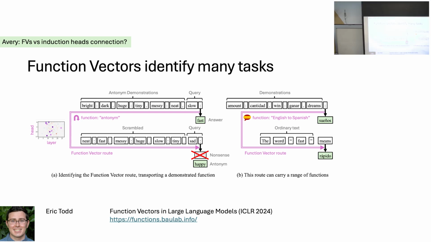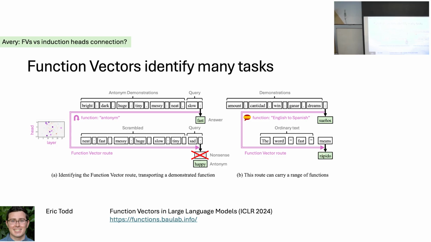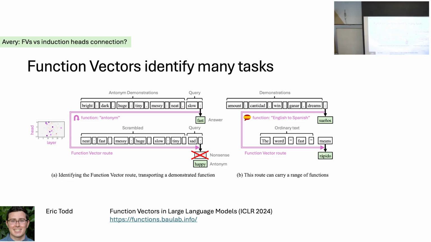And the crazy thing is, if you take the same attention heads and find something that's doing a different task, like English to Spanish translation, and you transport whatever those attention heads have to that different context, then you'll get the other context to do English to Spanish translation, or a variety of other tasks like this.